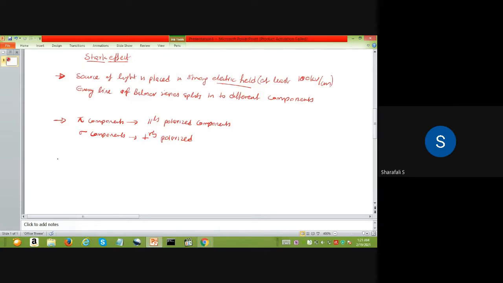So this effect is nothing but splitting of spectral lines of atom or ion or molecule in presence of electric field.